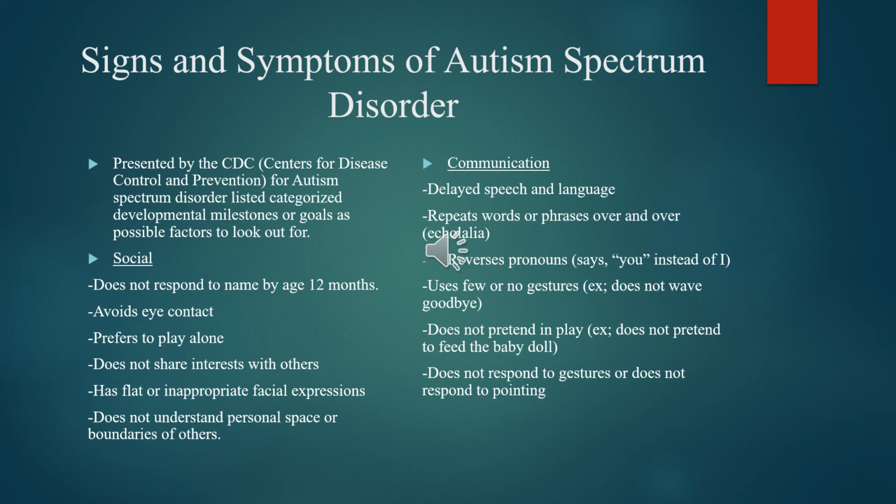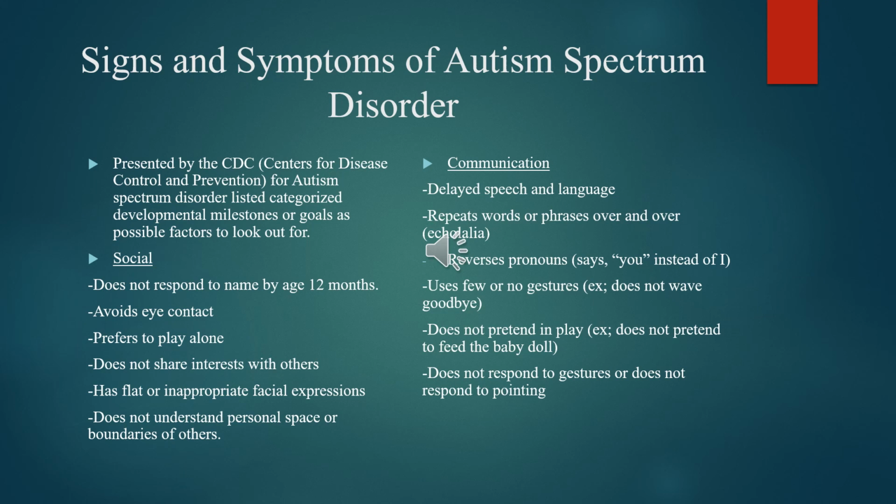The first one includes social: does not respond to name by age 12 months, avoids eye contact, prefers to play alone, does not share interests with others, has flat or inappropriate facial expressions, does not understand personal space or boundaries. Communication: delayed speech and language, repeats words or phrases over and over.